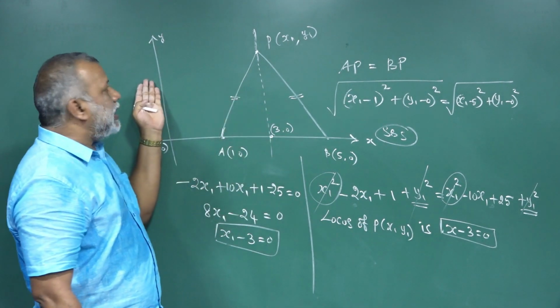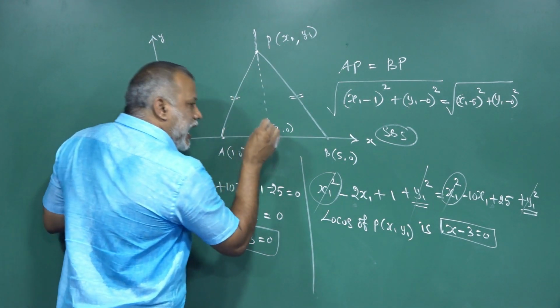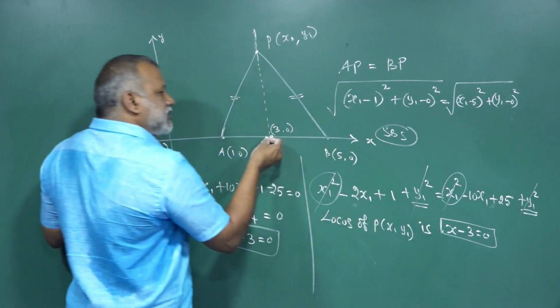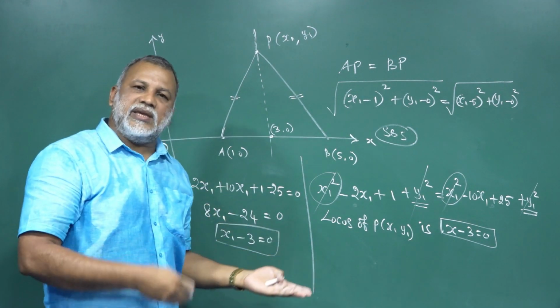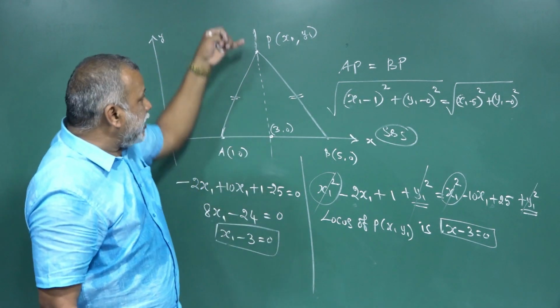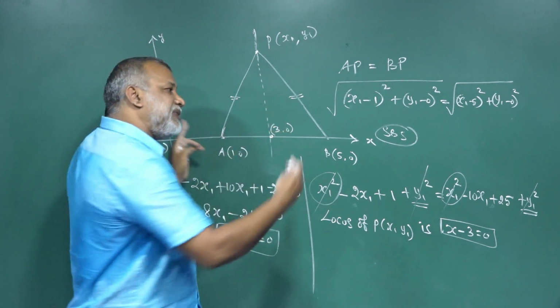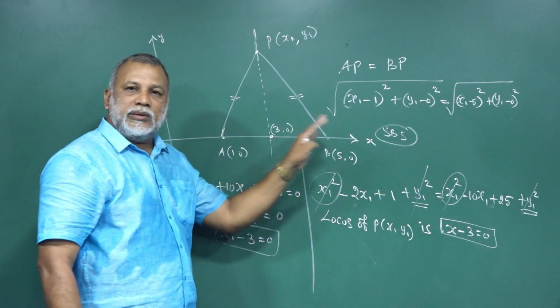This line is parallel to the y-axis, and it also passes through the point (3, 0). Therefore, the equation of this line is x equal to 3, or x minus 3 equal to 0. Technically this line is called the perpendicular bisector of the line AB.